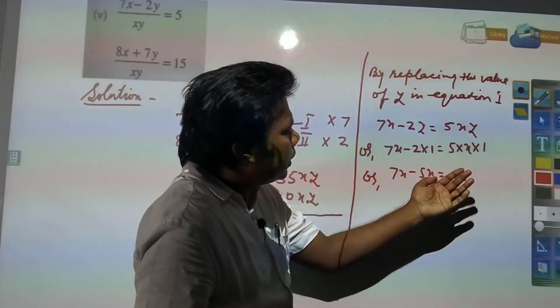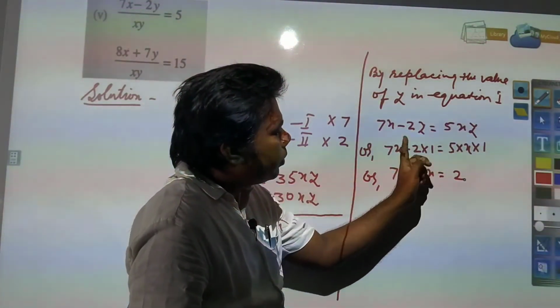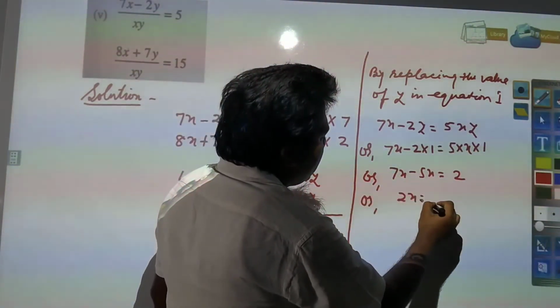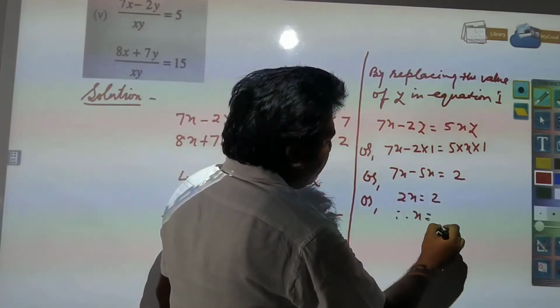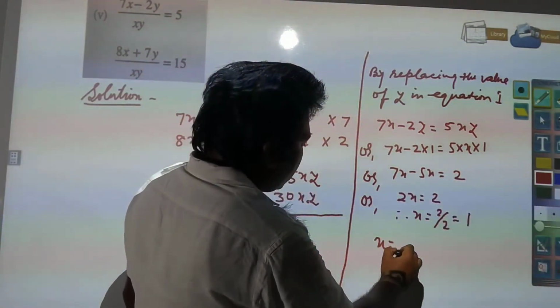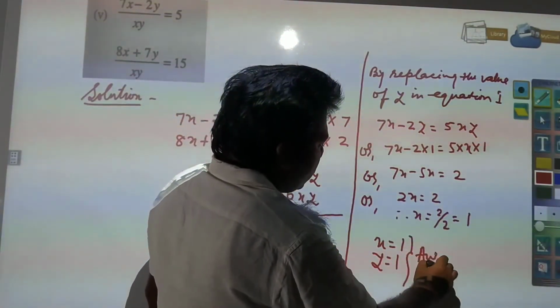This 5x has been brought to the left side, this 2 into 1, minus 2, has been taken to the right side, and this will be 2x is equal to 2, therefore x will be equal to 2 by 2, which means 1. So finally you have got x is equal to 1 and y is equal to 1, and this is your answer.